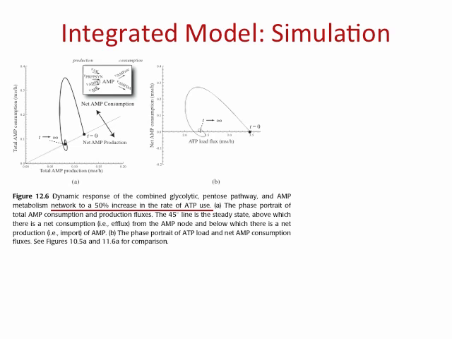So any point above the 45-degree line means net AMP consumption. If I'm on the 45-degree line, I'm in a steady state. If I'm below the 45-degree line, I am producing AMP.